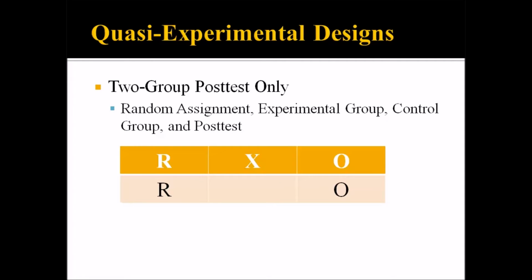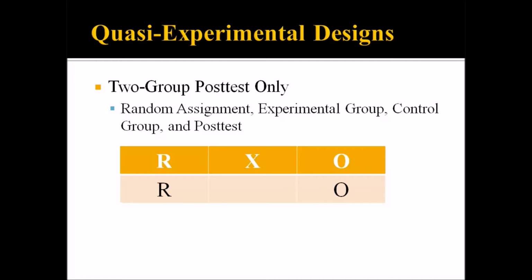Taking a look at quasi-experimental designs, the example I have here is the two-group post-test only. This group has random assignment, an experimental group, a control group, and a post-test, but it does not have a pre-test, which means it's not what's called a true experiment. But it is considered quasi-experimental, which means you have some ability to infer causality.